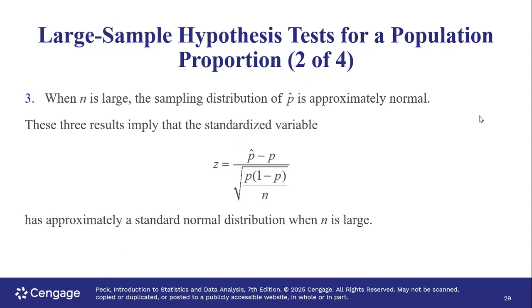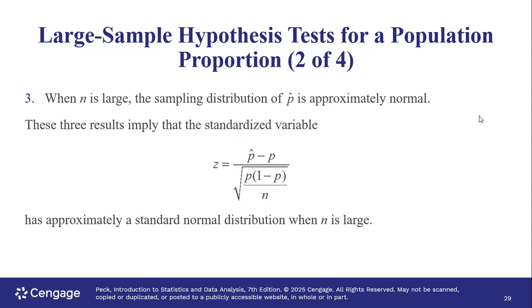Same principle here. Z, the test statistic, is given by how far the sample proportion is away from the hypothesized population proportion P in the null hypothesis.